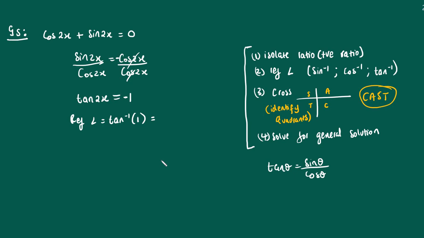So if you go to your calculator, arctan 1 gives you what? 45 degrees. Then you can go to the cross. Remember that where is tan negative? That will be in the second quadrant and the fourth one. So you say quadrant number 2, right? And then quadrant 4.